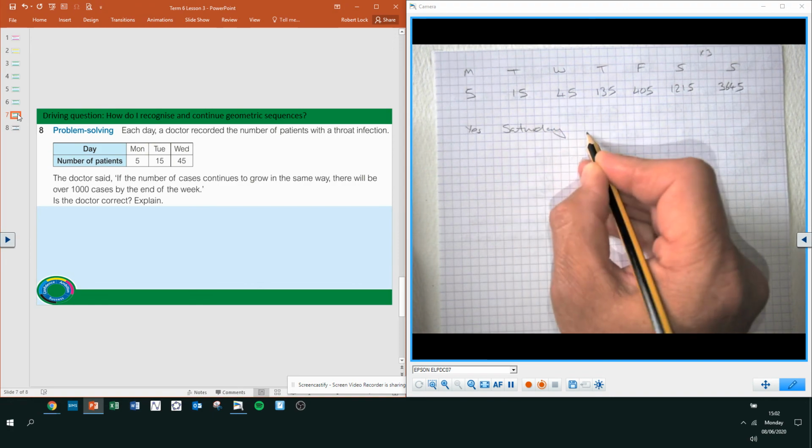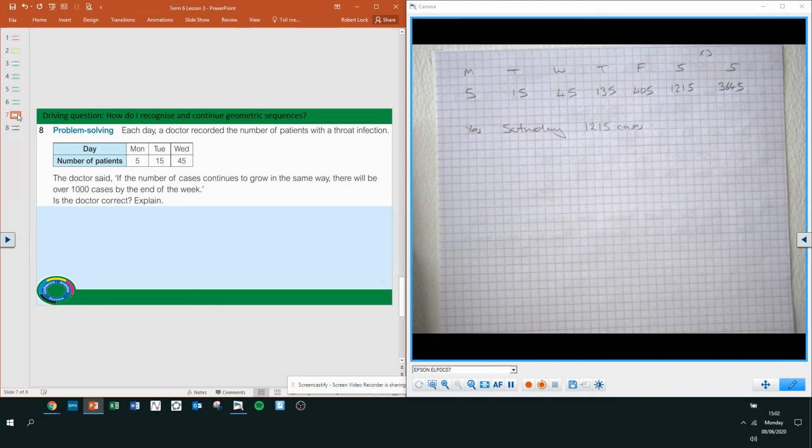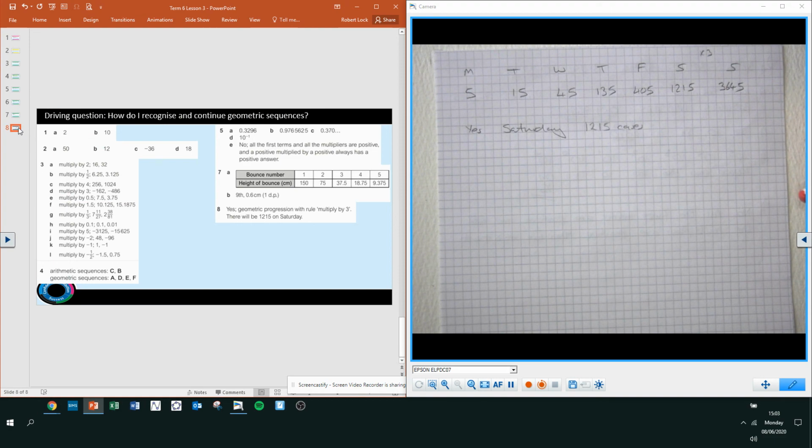Saturday, 1,215 cases. Continue to multiply by 3 each day. And by the end of the week, it'll be almost 4,000. And for those who wanted the answers, here's the answers.